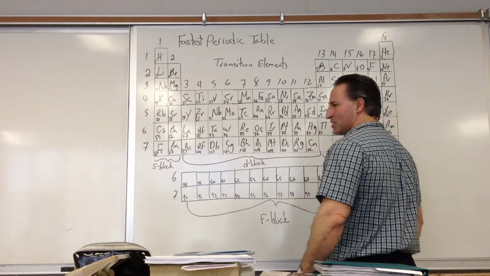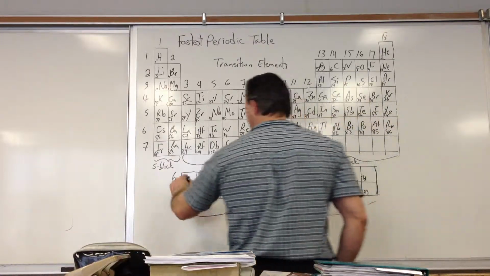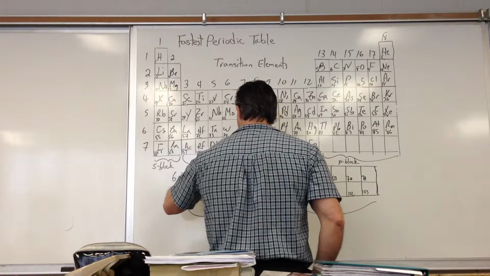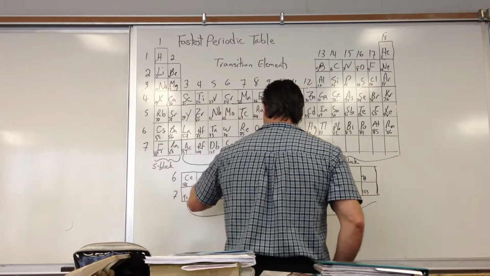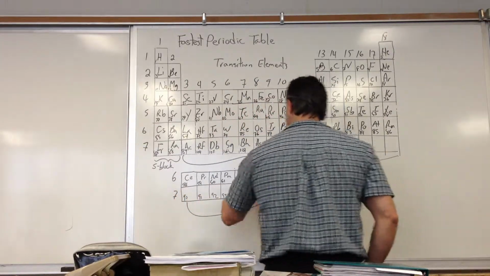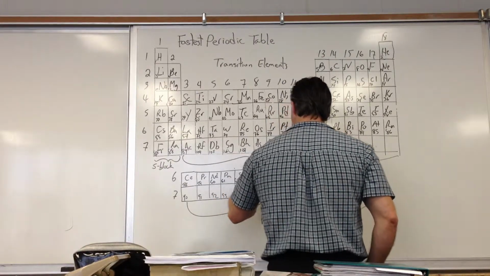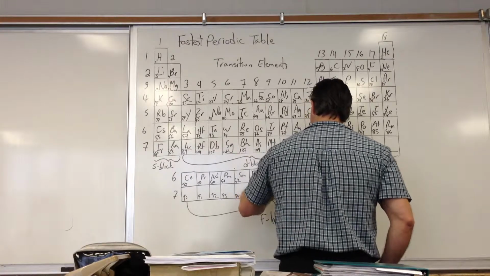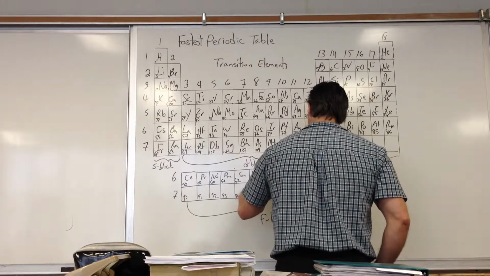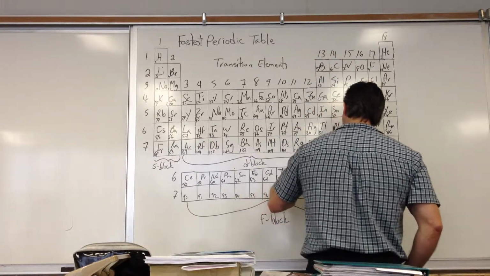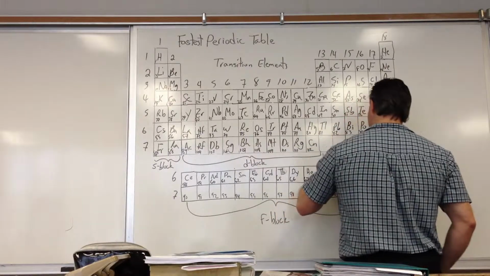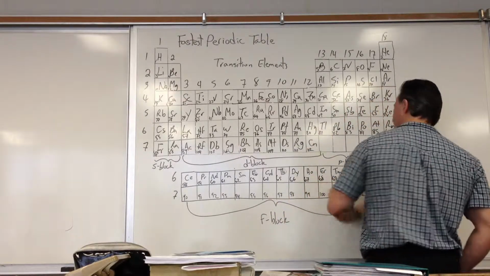Now we also have to put the symbols for the lanthanides. The lanthanides are the symbols from cerium through lutetium, read in order.